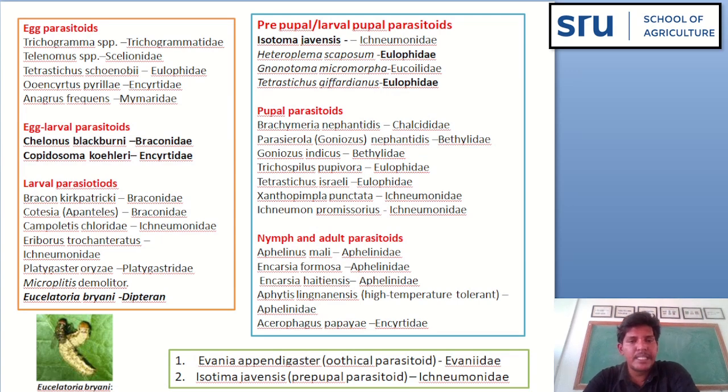Here a list for egg parasitoid, egg-larval parasitoid, larval parasitoid, prepupal parasitoid, pupal parasitoid, and nymphal and adult parasitoid is given.